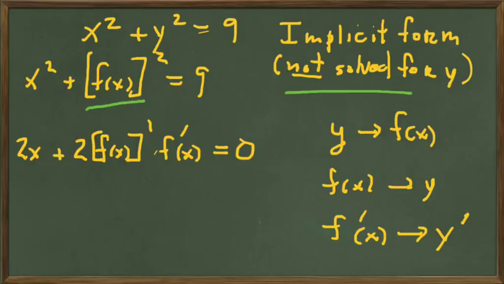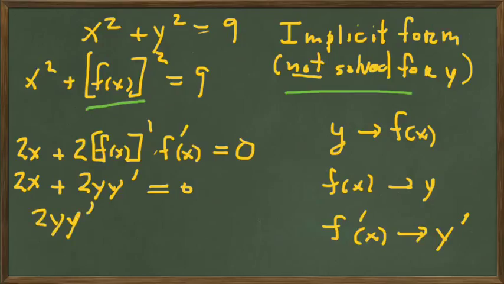So that allows us to rewrite the line above as 2x plus 2y y prime equals 0. We can solve that for y prime. 2y y prime equals minus 2x, and then y prime becomes, canceling out the 2, minus x over y.